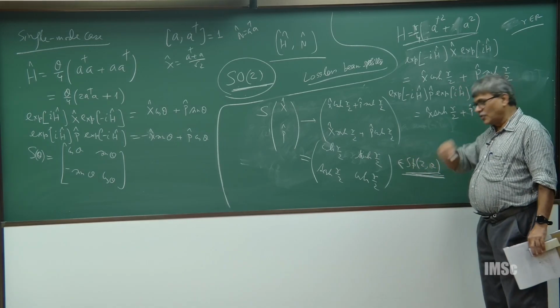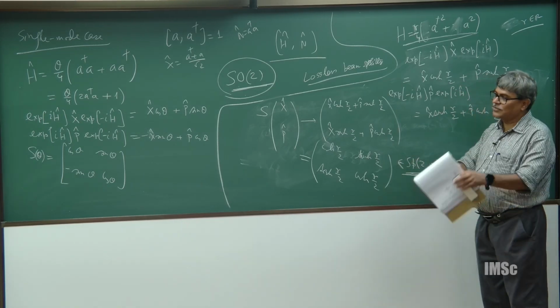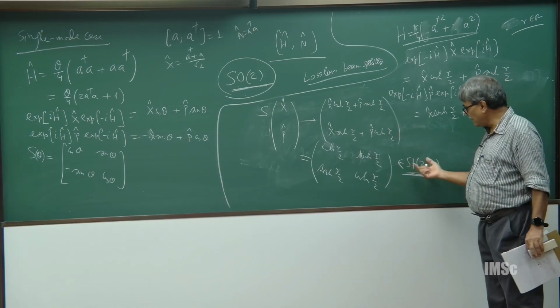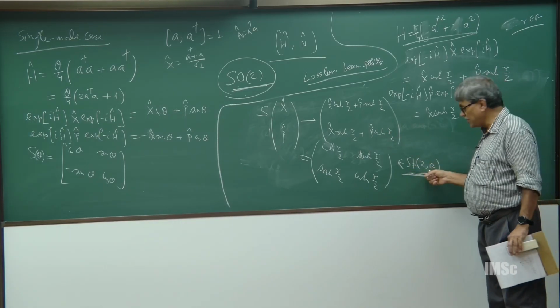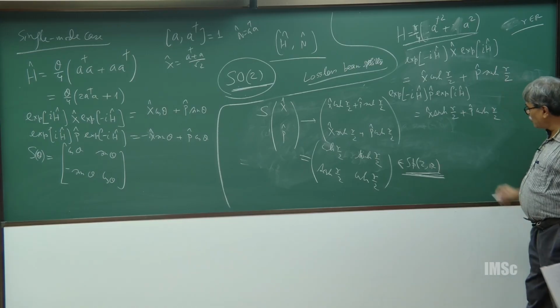One can also prove it separately: if you take some limiting sequences, then the limit may not be an element of this group. So this is a non-compact group.